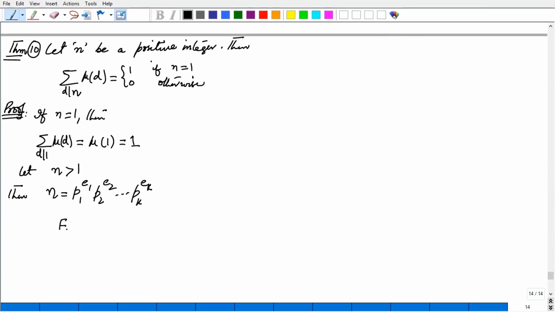And we assume capital F of n is equal to, because we have to compute this one, the sum that runs over the divisors of n of mu d.